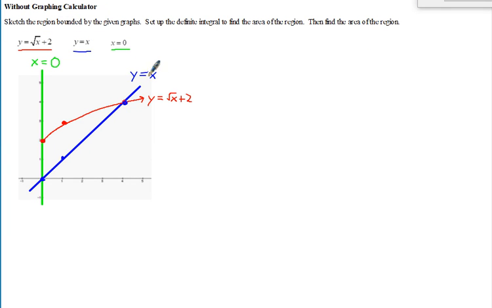Now the other way to figure it out is algebraically. Since these are both y equals, you can use substitution and substitute one of these in for the y in the other one. So if we substitute this square root of x plus 2 in for y in this equation, we'll get square root of x plus 2 equals x. And then to solve this, there's different ways, but it's probably easiest to isolate the thing that makes it most difficult, the radical.